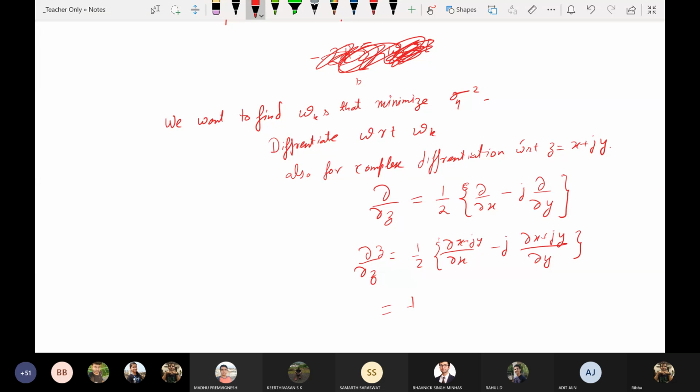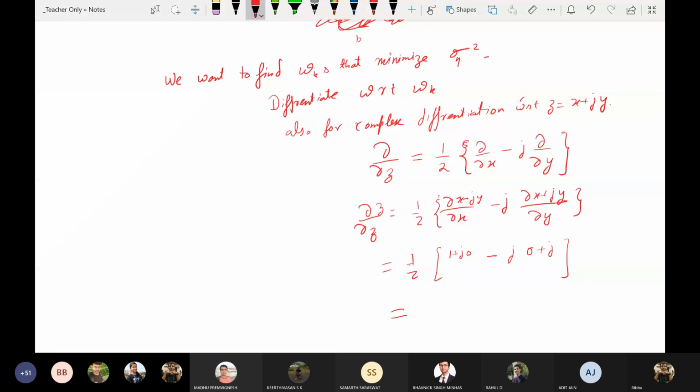So half, del x by del x is 1, plus j0, minus j times 0 plus j, equals half into 2 equals 1. Fine.